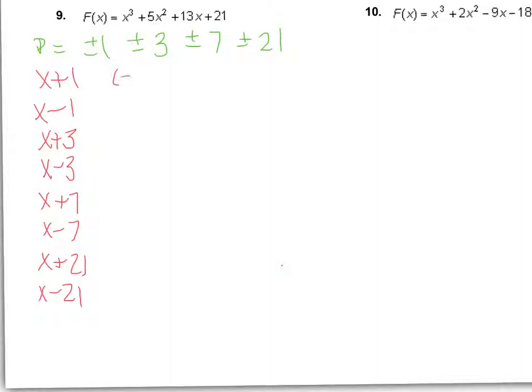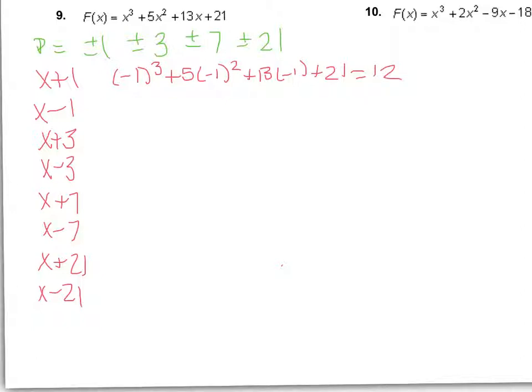So I'm going to try negative 1 cubed plus 5 times negative 1 squared plus 13 times negative 1 plus 21. And if it were me, I would literally just put every bit of this in my calculator. And when I do, I get 12, which in fact is not 0.